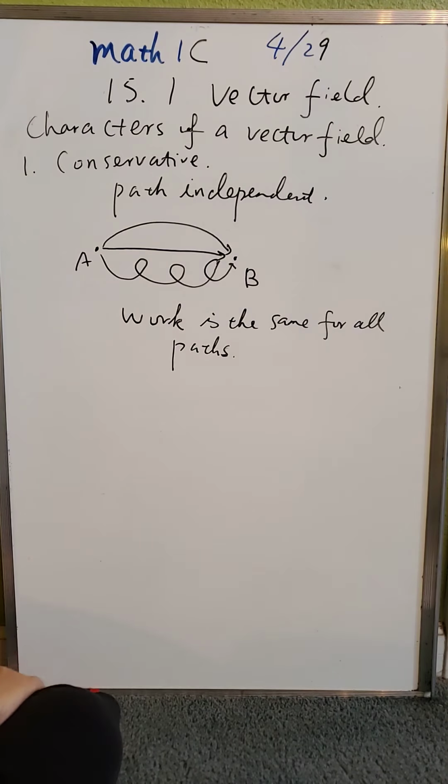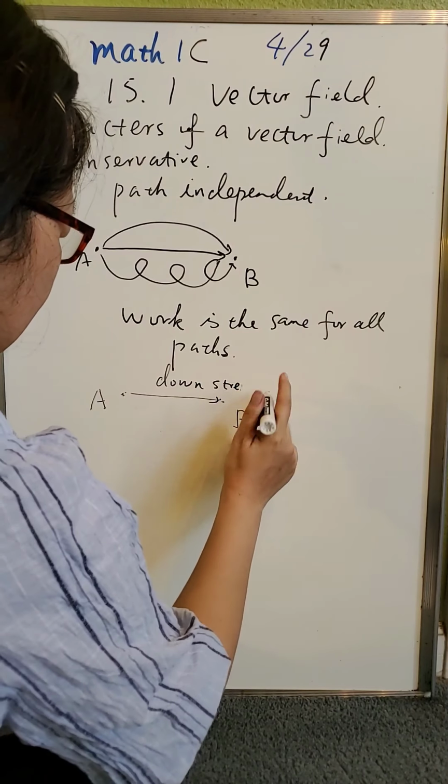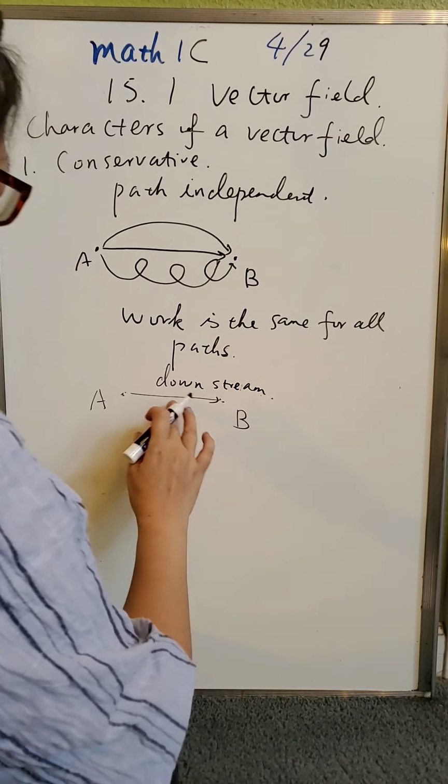When you swim downstream, say from A to B in the river, okay, this is downstream.